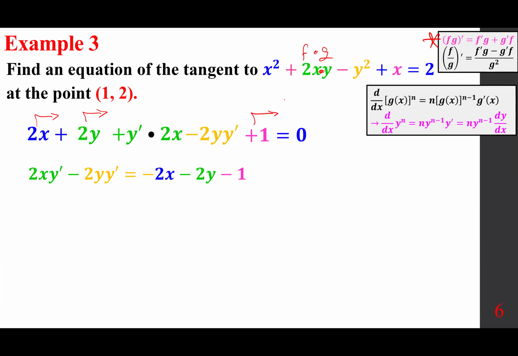Everything changes sign as we move it to the other side. On the left side, I can take the 2y y prime out, but I'm interested in y prime only. So we're going to take the y prime out, and we get 2x minus 2y. And all you have to do is divide the right side by the parentheses.